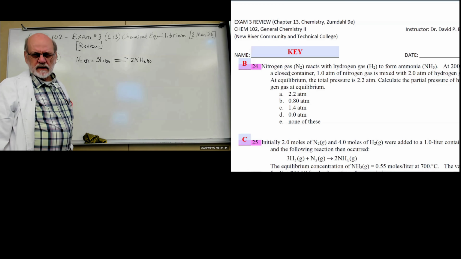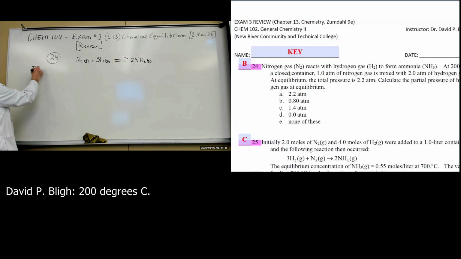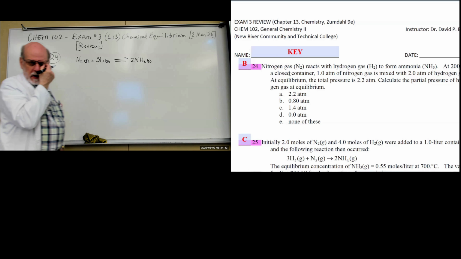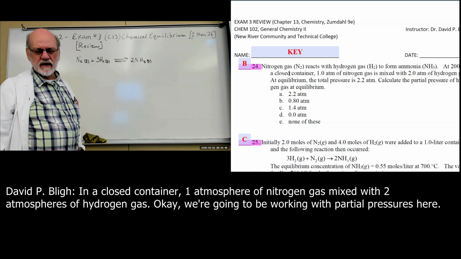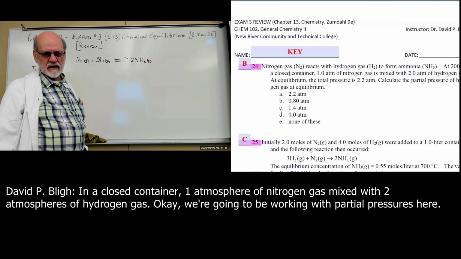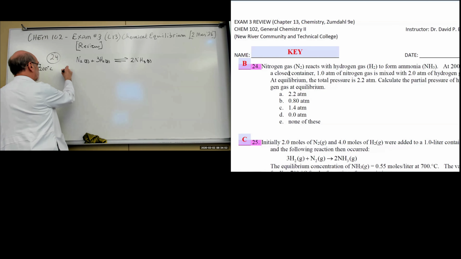What else are we told? Temperature is 200 degrees C. In a closed container, 1 atmosphere of nitrogen gas mixed with 2 atmospheres of hydrogen gas. Okay, we're going to be working with partial pressures here.